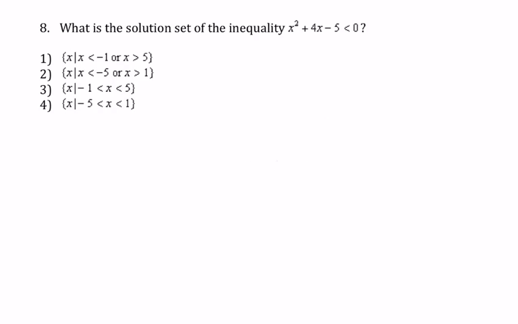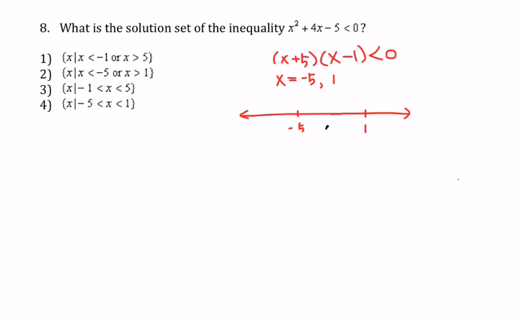Number 8. If you want to look at the quadratic inequalities, what we have to do is factor first: x plus 5 and x minus 1 is less than 0. Then we know that x being equal to negative 5 and 1 are the boundaries of the number line. So let us assume that negative 5 is here and 1 is over here.